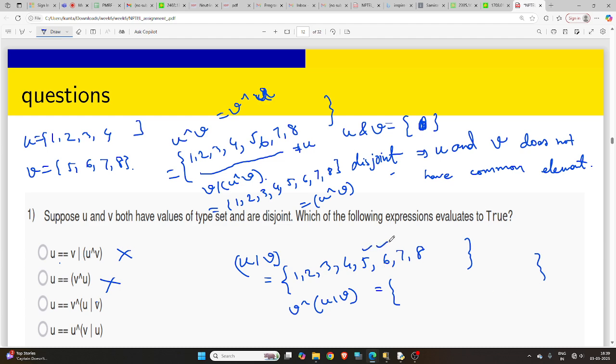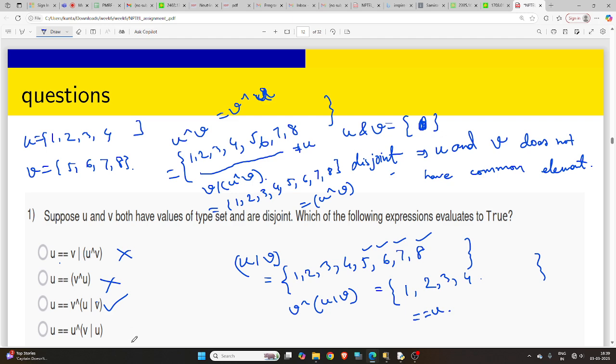Common factors means 5, 6, 7, 8. All these are the common factors for these two sets. So U to the power V, U union V, that will give us 1, 2, 3, 4. Okay. So now you can see that this is equal to U.